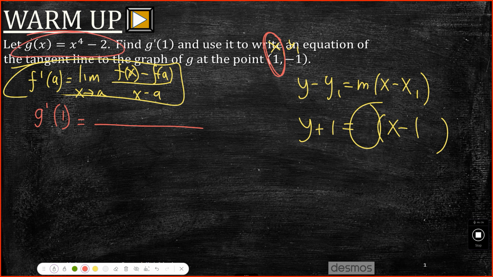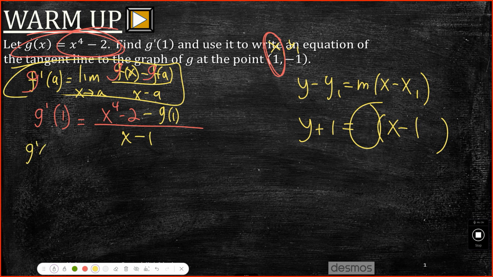So g prime at 1 will equal g of x, which is x to the fourth minus 2, minus g of a, minus g of 1, over x minus 1.